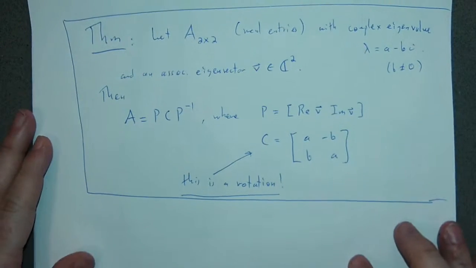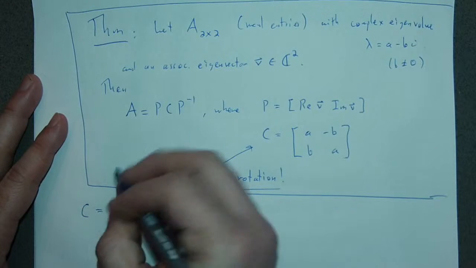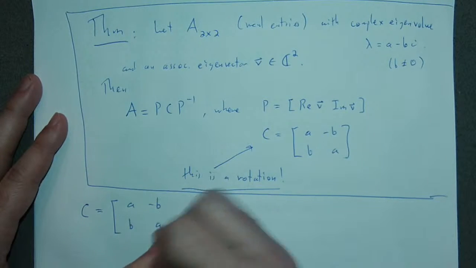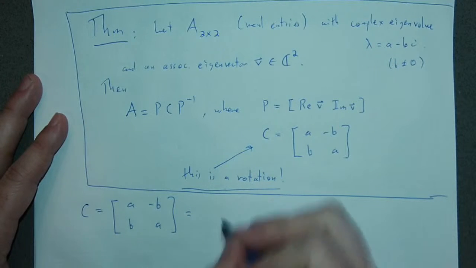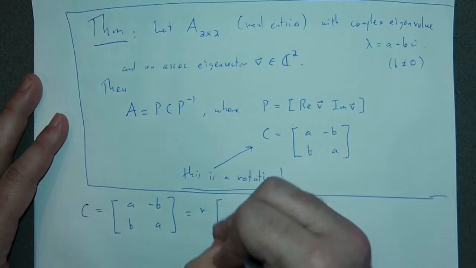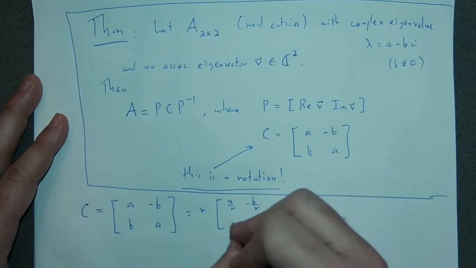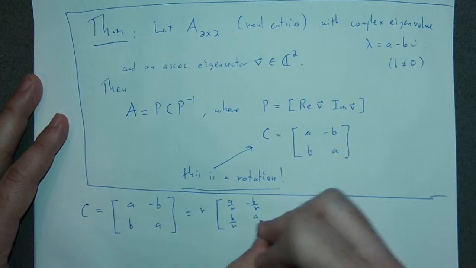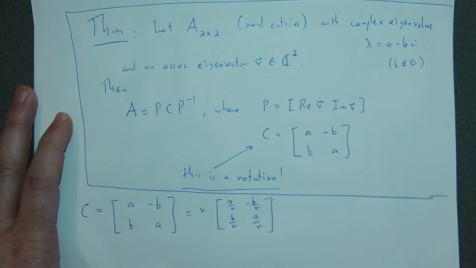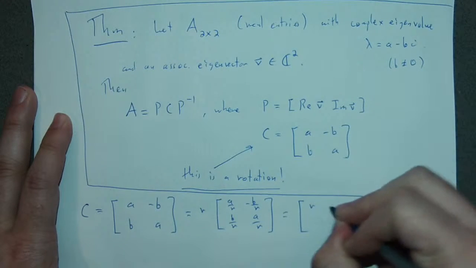To see that this is a hidden rotation, C is the matrix [a, minus b; b, a], and this can be written as R times [a over R, minus b over R; b over R, a over R].